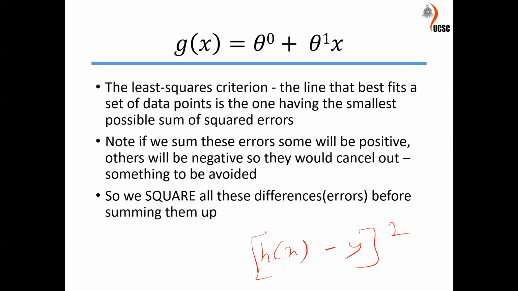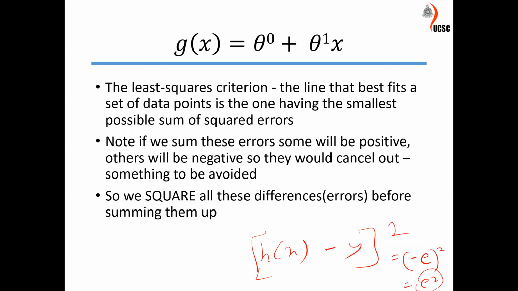In that case, the negative values become positive values. Positive values always end up positive, and negative values also end up positive. We just need the magnitude of the error, not whether it is negative or positive.